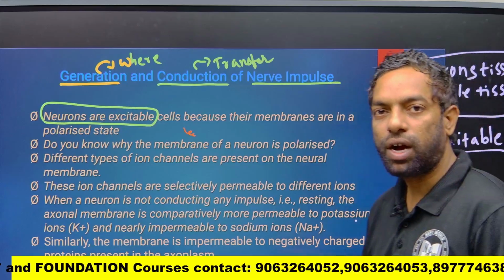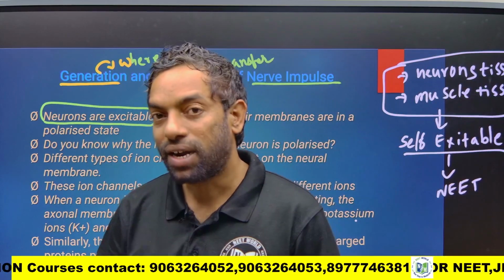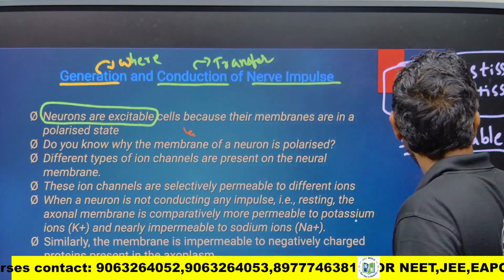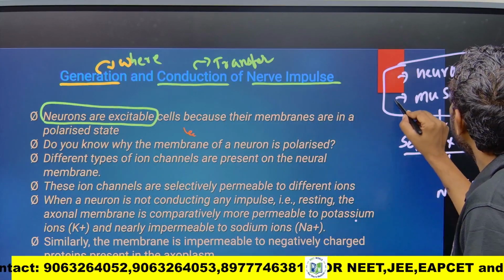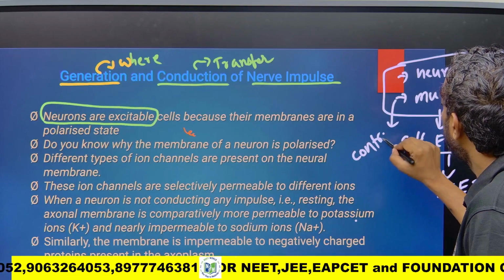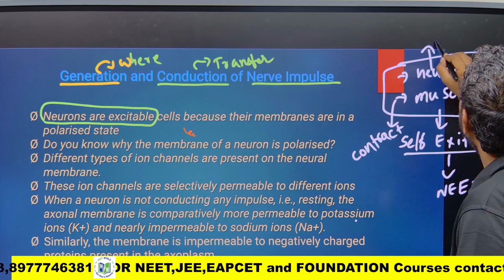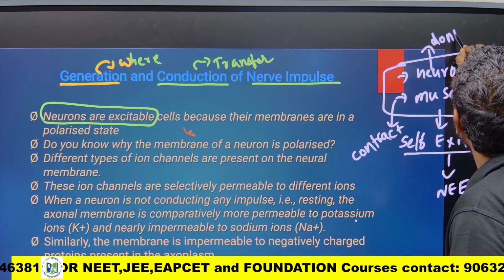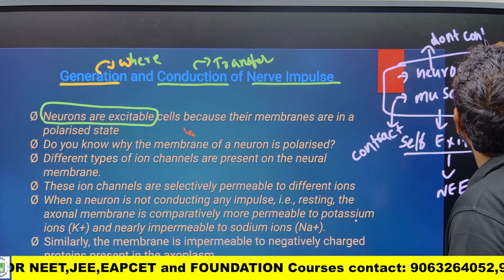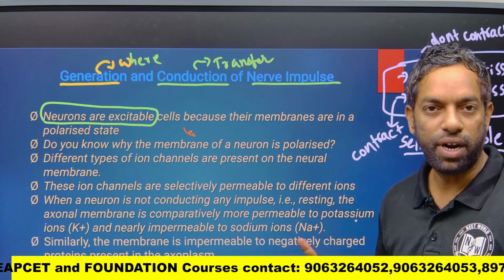Neural tissue and muscle tissue can be self-excitable, but muscle tissue can contract and neural tissue does not contract. This is a NEET point.